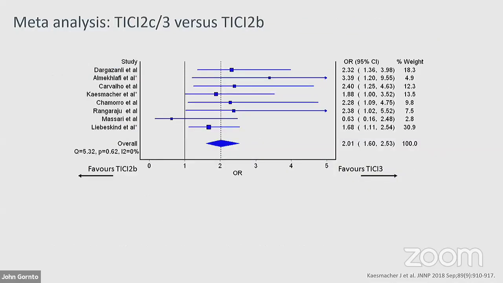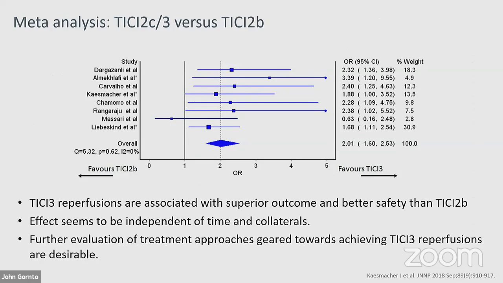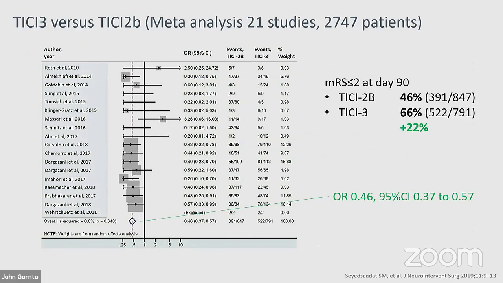There has been a meta-analysis on the same subject, and they found exactly the same thing: twice as many patients with good clinical outcome in TICI 3 and 2C versus TICI 2B. This group did exactly the same thing with more patients, and they found exactly the same. This time the odds ratio is the other way around, but they just looked at it from a different angle. Again, we have about 20% better outcome with TICI 3.